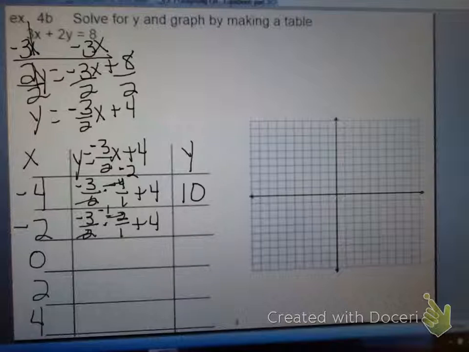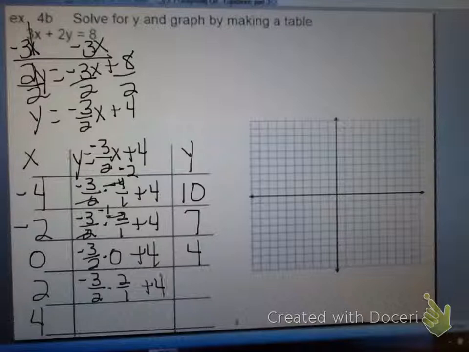Now be careful when you cancel it out, make sure you recopy the -1. -3 times a -1 is a positive 3 plus 4 is 7. And -3/2 times 0 is 0. So 0 plus 4 is 4. -3 over 2 times 2 over 1 plus 4. The 2's cancel, so we get a 1. So -3 times 1 is a -3 plus 4 is 1.